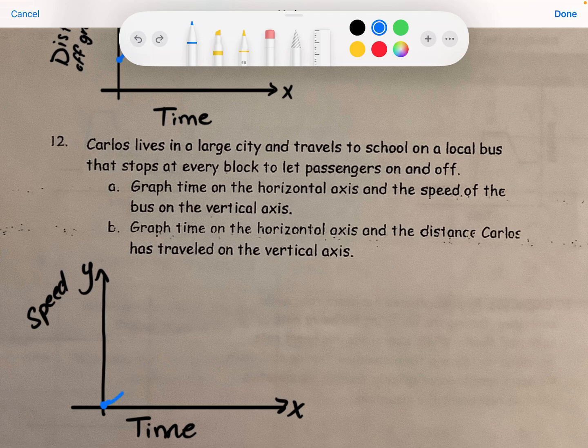It's going to speed up, slow down, stop to get a passenger, speed up, slow down, get a passenger. So that's the speed that it's going. So maybe it only hits 30 miles an hour. But it's got to come back down to a stop, slow stop, stop to get a passenger, and then keep going. So there you go.